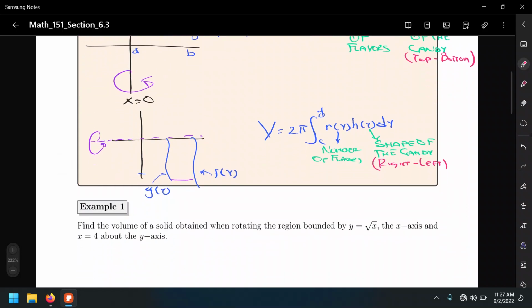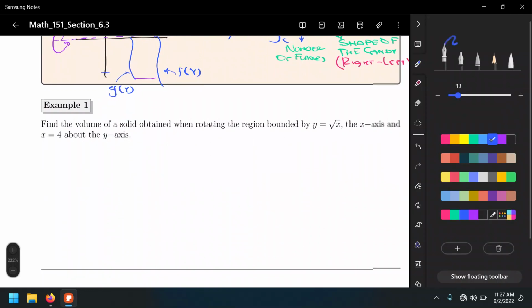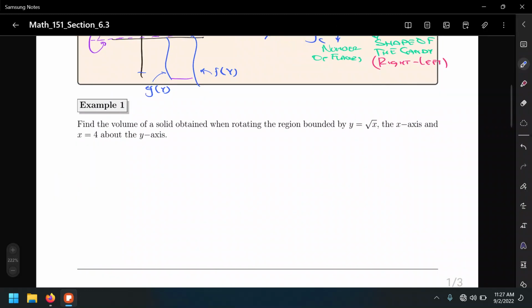So let's find the volume of the solid obtained when rotating the region y equals the square root of x, the x-axis, and x equals 4. Notice all the information is pretty much given in terms of x. That means we would most likely expect to rotate about the axis of the other variable, in this case the y-axis.